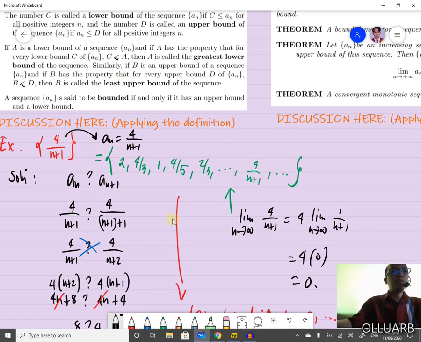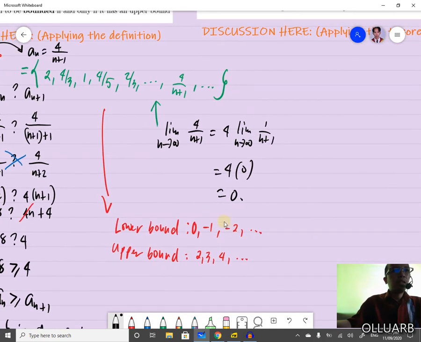So for example, the greatest of these lower bounds is 0. So this is our greatest lower bound, or GLB, because if this is our C, there are many C's here, and this is the greatest of all the lower bounds.